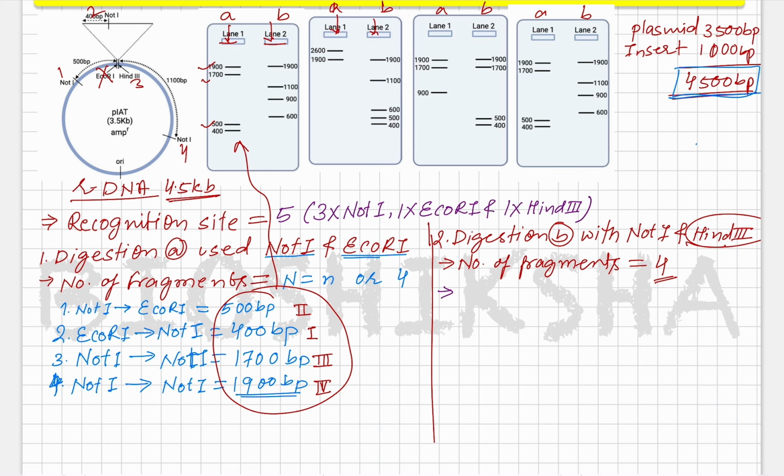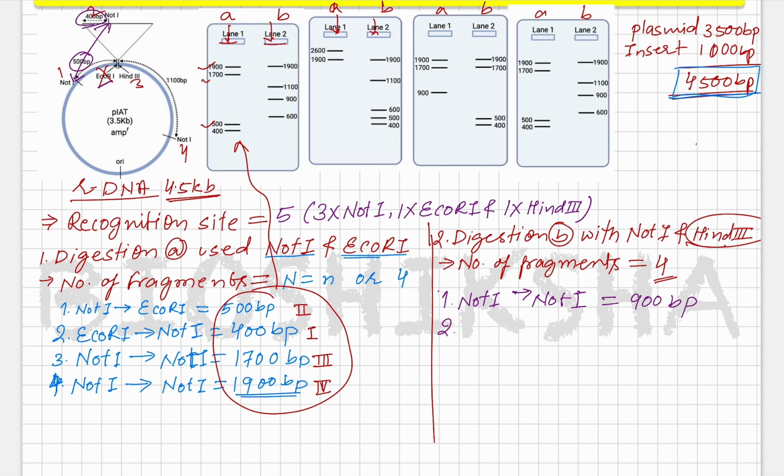So the number of fragments is 4. Let us talk about the first one. The first fragment will be between this Not1 and the other Not1, not the EcoR1. So 500 plus 400, it will be how much? Not1 to another Not1, that is second in the sequence, will be 500 plus 400, that is 900 base pairs.